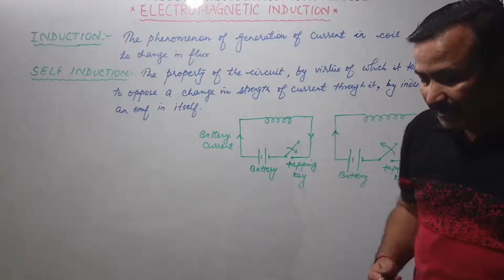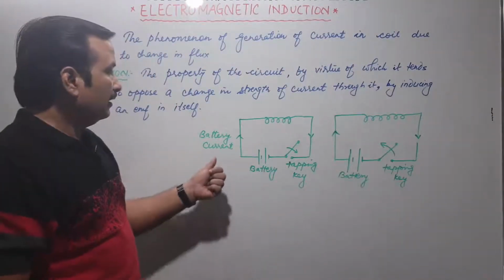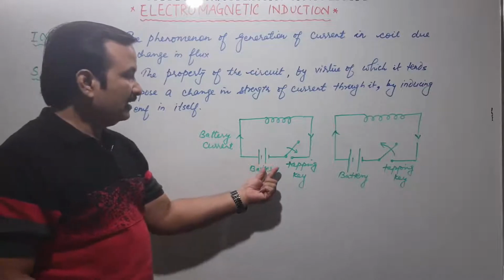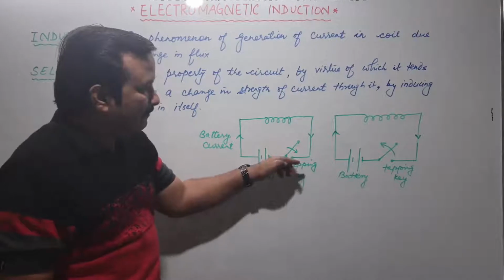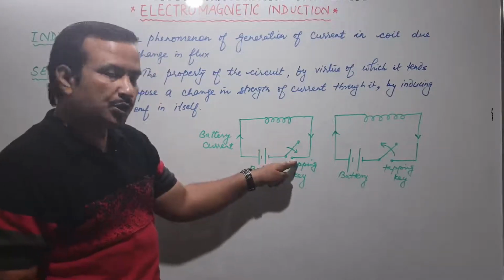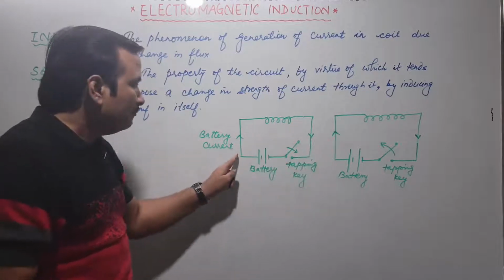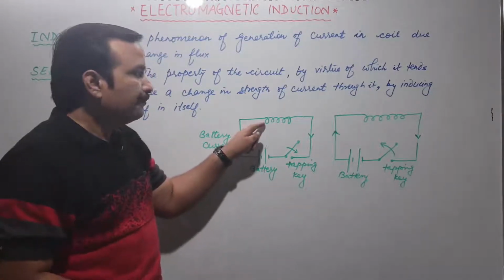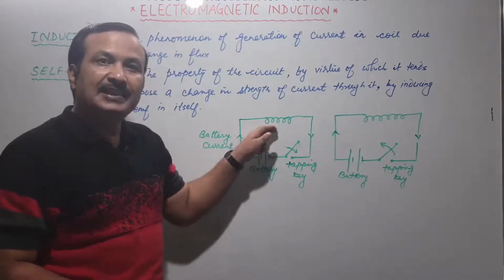So what happens here? I have drawn the diagram. You see, we have taken a coil, battery is connected with it. There is a tapping key. Tapping key, what it does? When you tap it, you will find the circuit will be closed and the battery current will start flowing here. When the battery current flows, the current goes through the coil, linked with the coil, there is change in the flux.